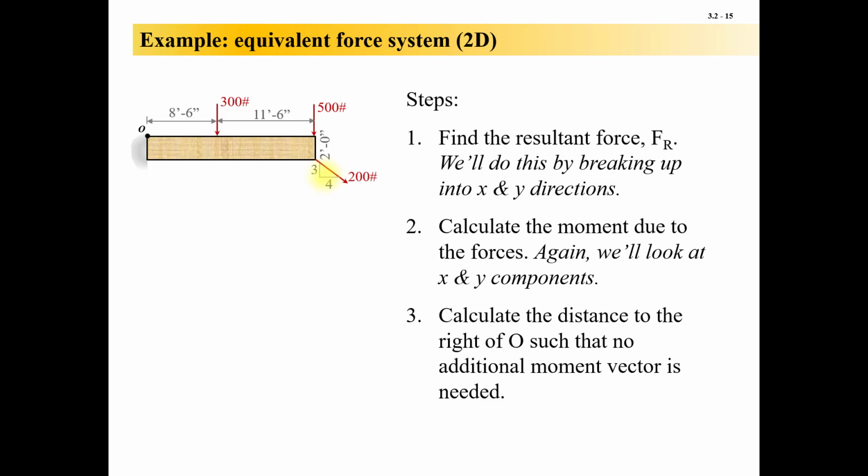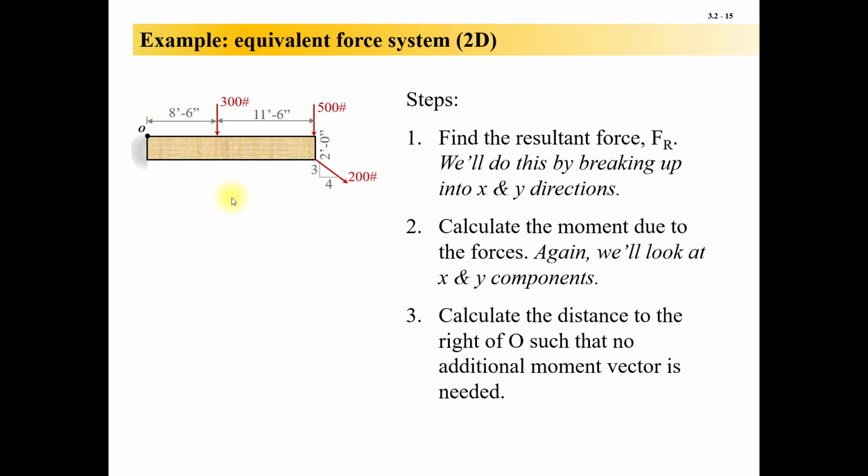And so you calculate what the moment about O is due to all of these, and then you say, okay, well, if I move the vector away from O, it'll start getting moment caused about O by my new F sub R. As I move it away, the moment's going to get greater and greater, and I just need to move it just the right amount so that it balances, and it makes it where no additional drawing of a moment vector is needed.